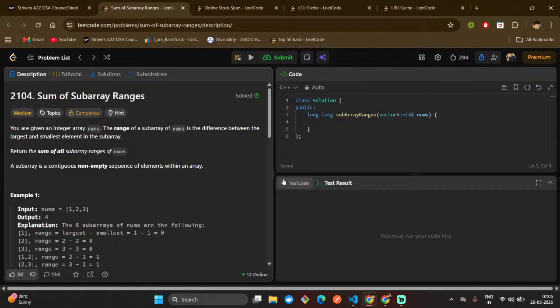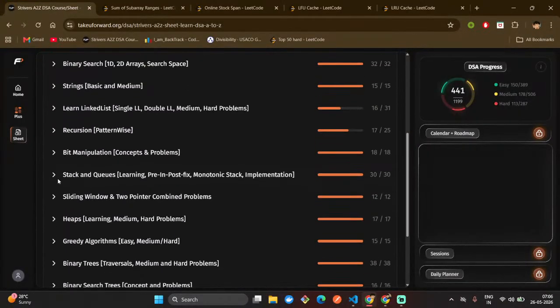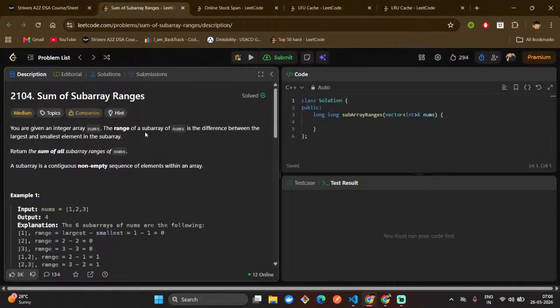The first question I'm going to solve is the remaining question of the stack and queue. Just this much question is left to solve.